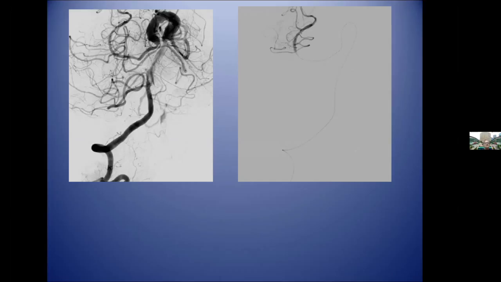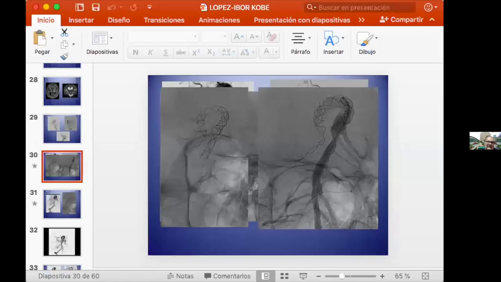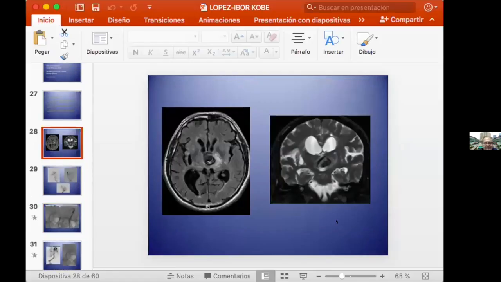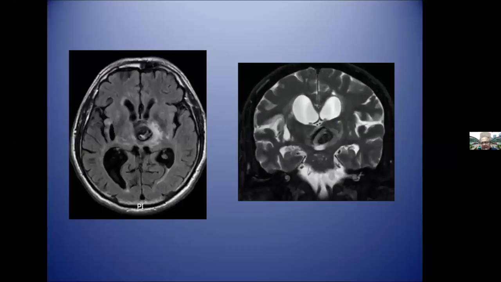But I don't know, because for me this is a giant aneurysm in the basilar bifurcation, recanalized. Can you show the MRI once more? I don't use the MRI. Do you want the MRI? The initial? Yeah. You have the channel here.